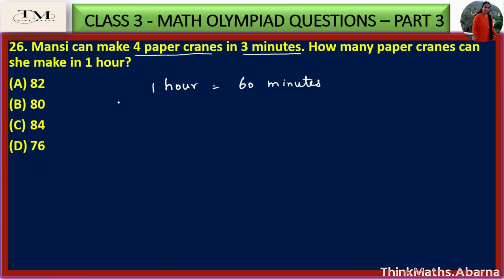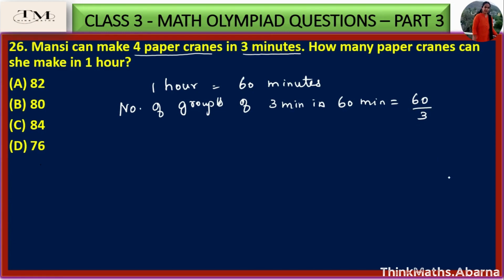So that is the number of groups of 3 minutes in 60 minutes, which is nothing but 60 by 3. That is, we have to divide 60 into groups. In each group, it should be 3 minutes. So that means we have to divide 60 by 3.